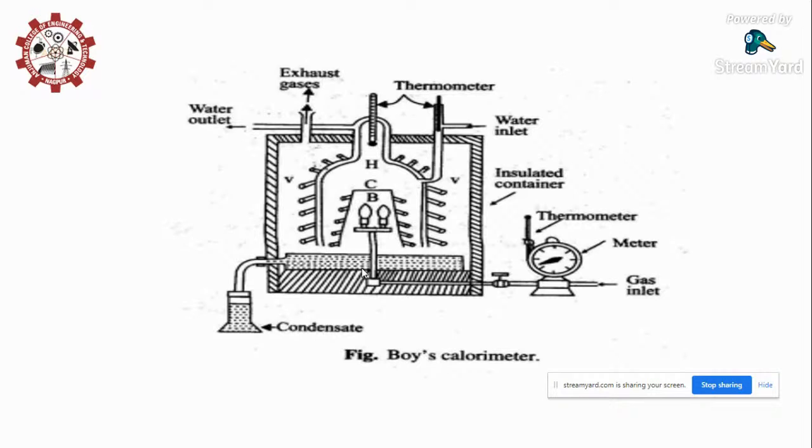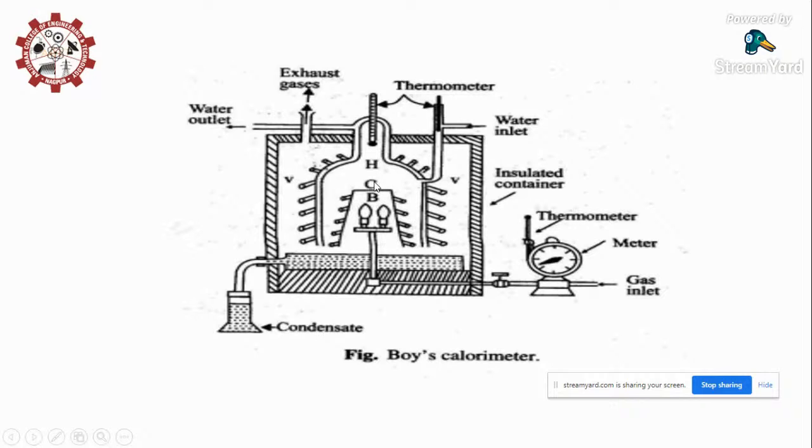If it has a hydrocarbon, for example CH4, the carbon will produce CO2 and the hydrogen will produce water. So after the combustion of fuel, some byproducts will be formed. The gaseous byproducts like CO2, SO2, N2, we cannot cool them in this chamber, so they can easily go out.